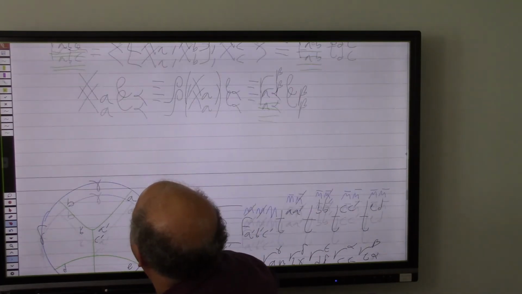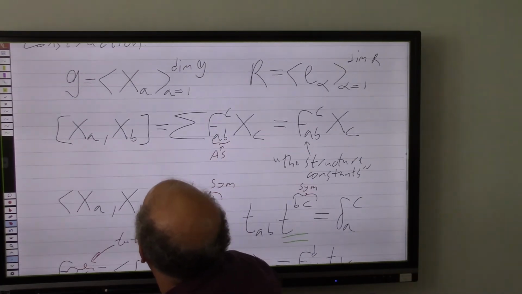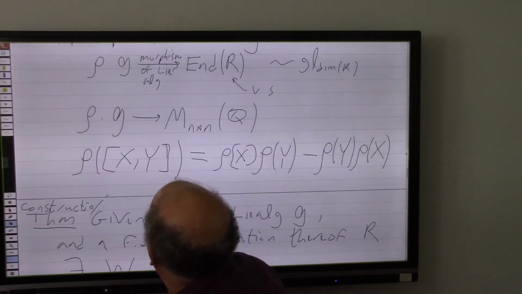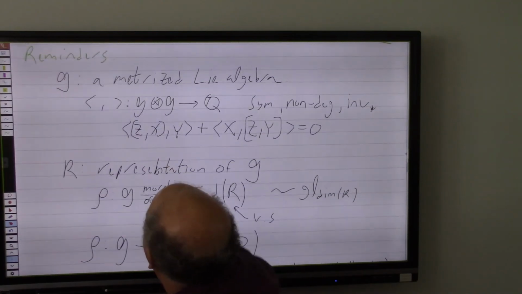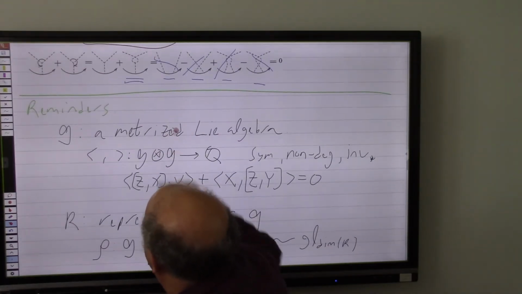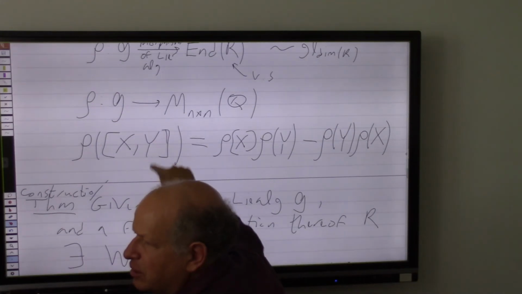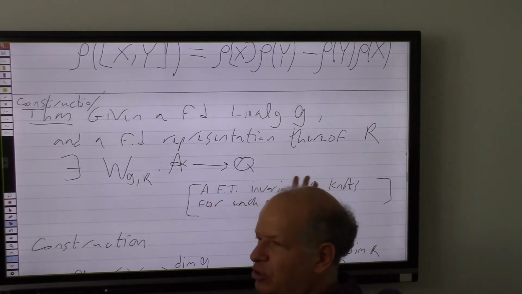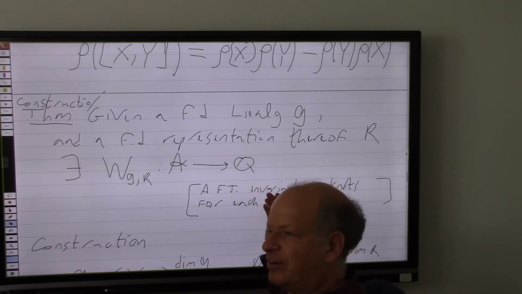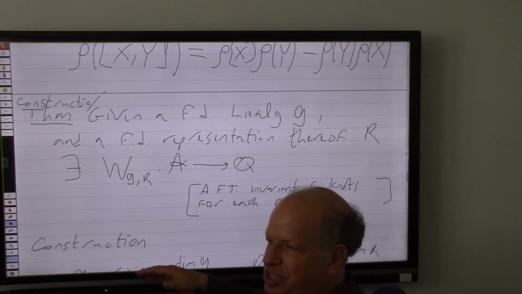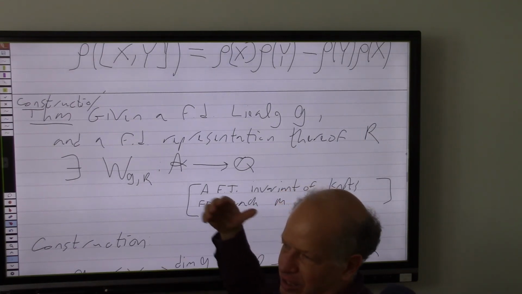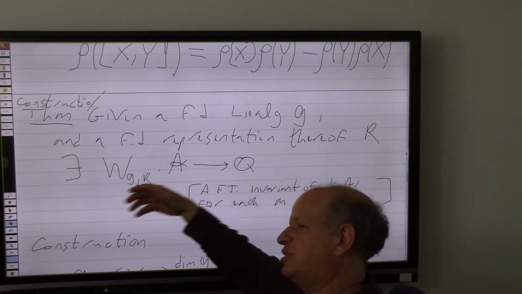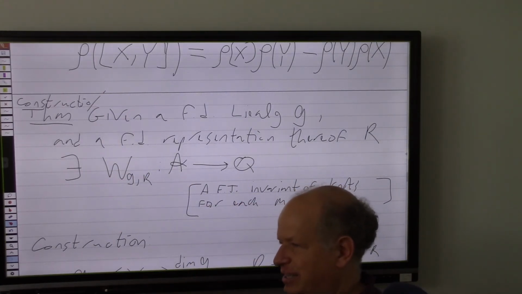The construction respects the relations of calligraphic A. That's just so we get an invariant. So for every Lie algebra and representation we get a knot invariant, and later I will say that for SL2 and the two-dimensional representation you get the Jones polynomial. For different Lie algebras you get different known knot invariants.